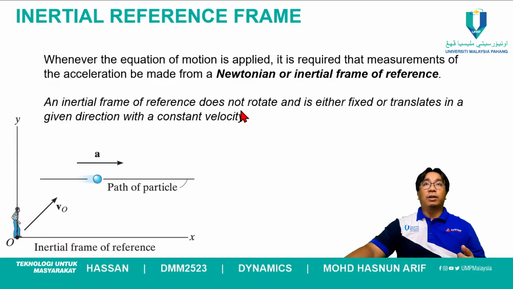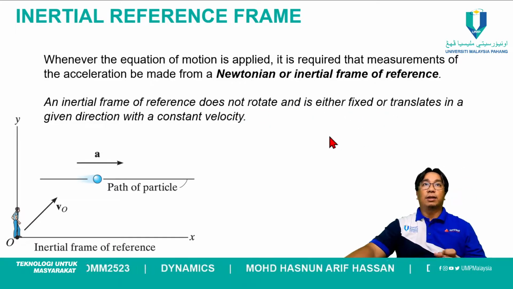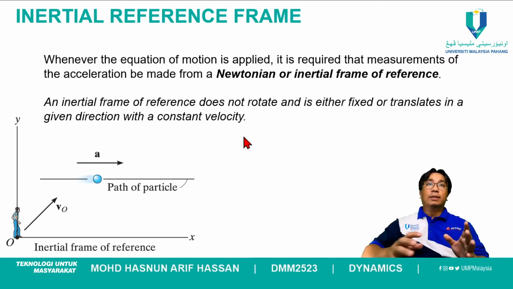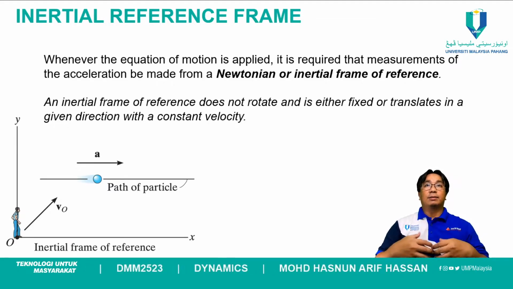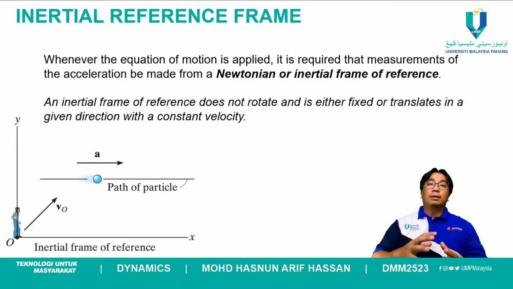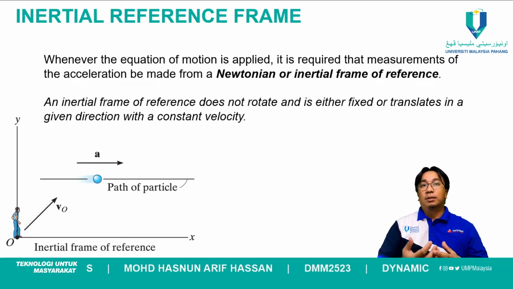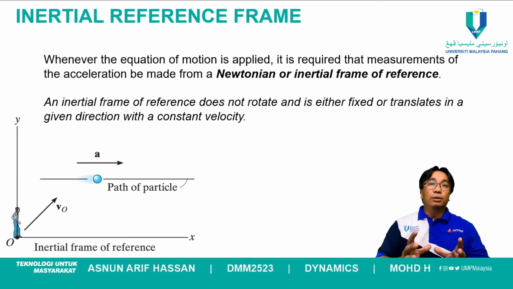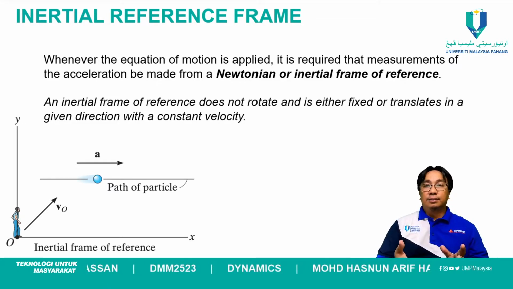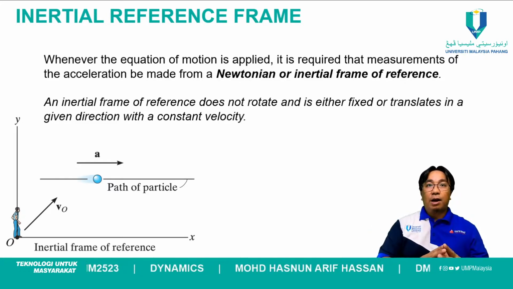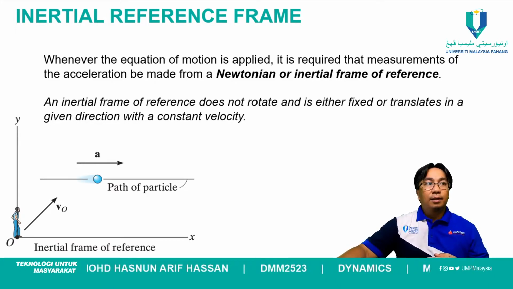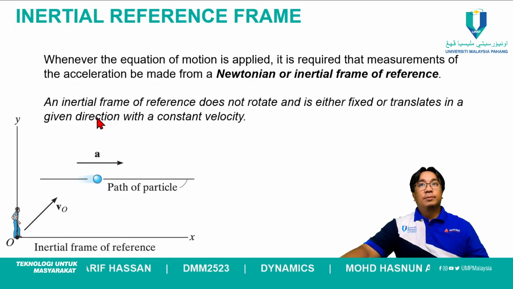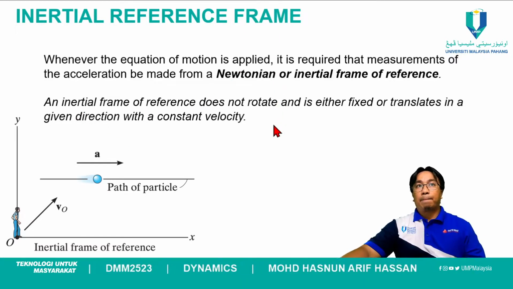Inertial reference frame ni does not rotate, is fixed or translates in a given direction with a constant velocity. So basically, when we want to solve problems related to this topic, we need to define our coordinate system. And from the previous chapter, how many coordinate systems yang kita dah belajar sebelum ni dalam chapter 1?